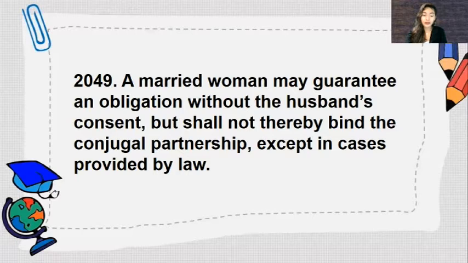However, she may also bind the community or conjugal partnership property with her husband's consent, and even without the consent of her husband in cases provided by law, such as when the guarantee has redounded to the benefit of the family. There is no express prohibition against a married woman acting as guarantor for her husband.